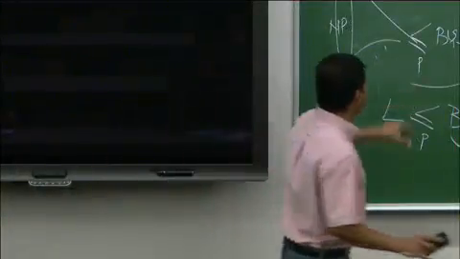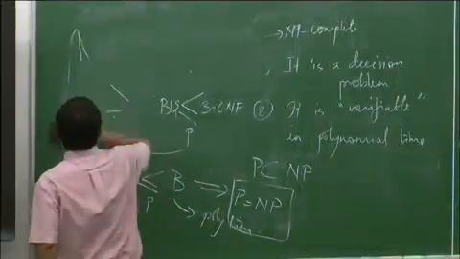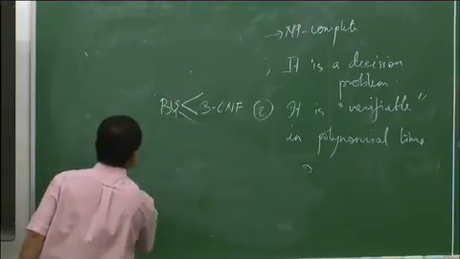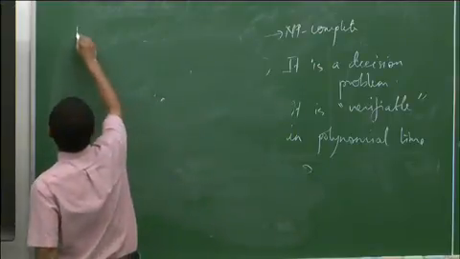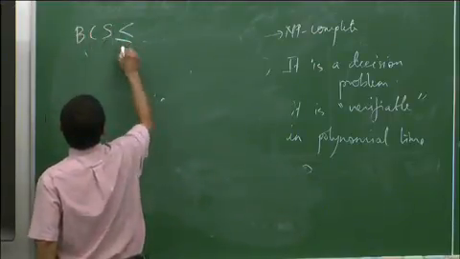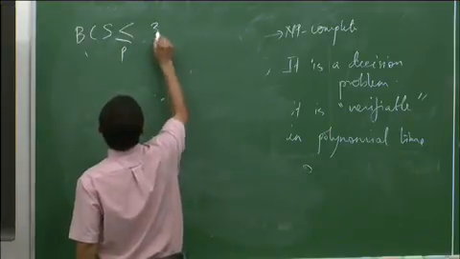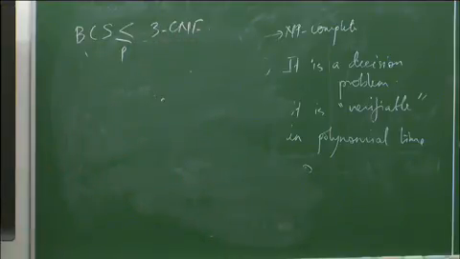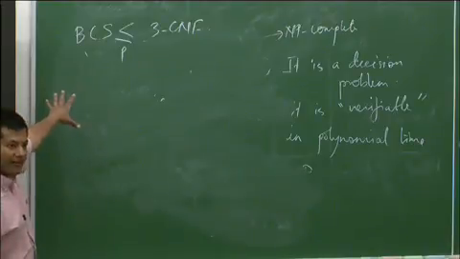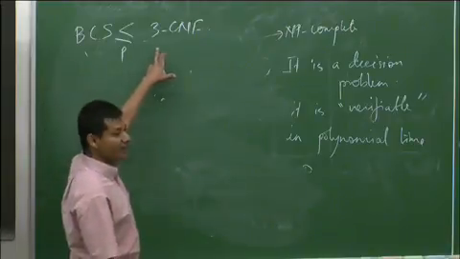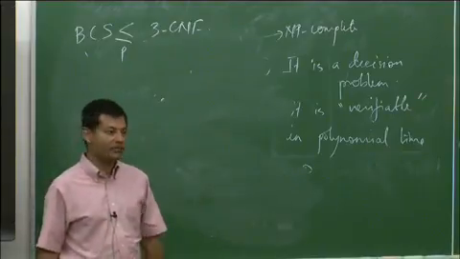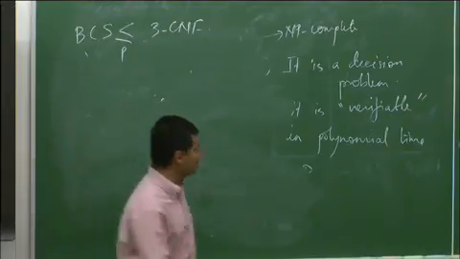Okay. So this is the piece that we want to show. That is a piece that will tell us that the 3CNF is NP hard, but before that we have to show that 3CNF is in NP, the easier part.